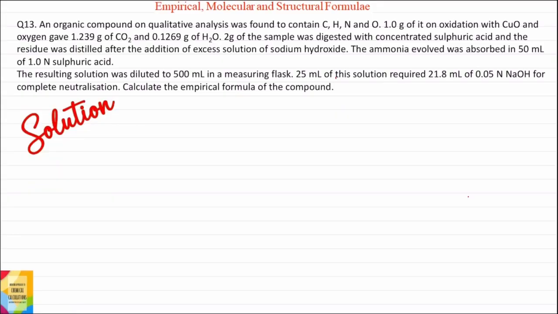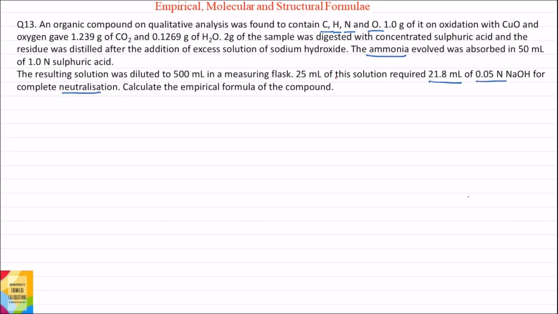The given organic compound contains carbon, hydrogen, nitrogen and oxygen. The nitrogen present in the compound is converted to ammonia and is absorbed in 50 ml of 1N sulfuric acid, यानी कि 50 milliequivalents of sulfuric acid. So out of this 50 milliequivalents of sulfuric acid, some of it reacts with ammonia while the rest of it is neutralized with 21.8 milliliter of 0.05 NaOH.